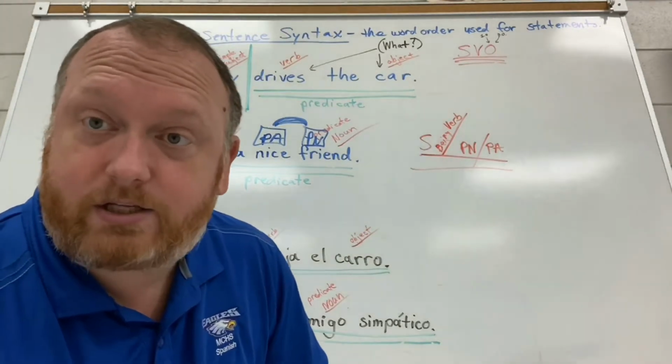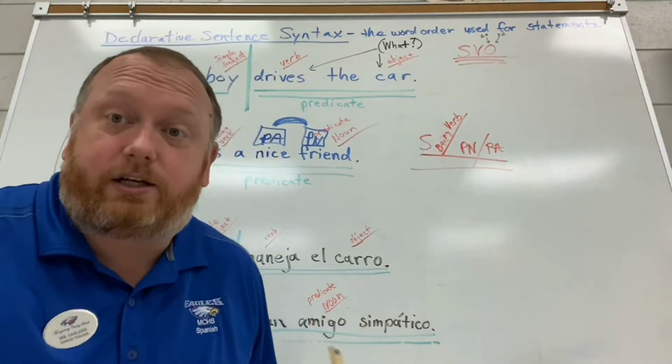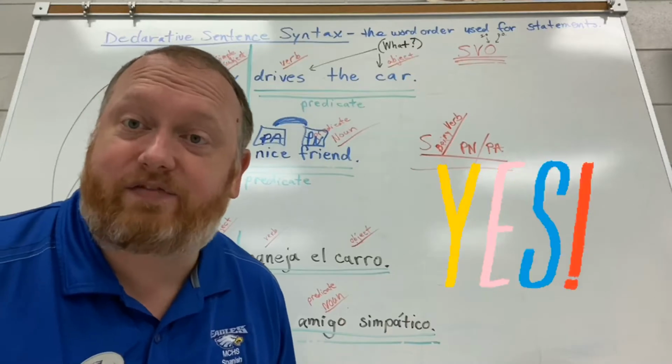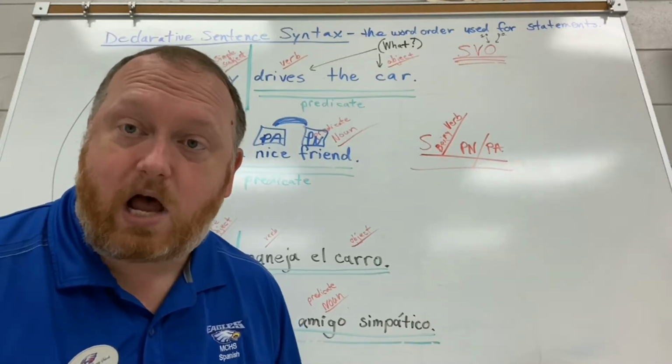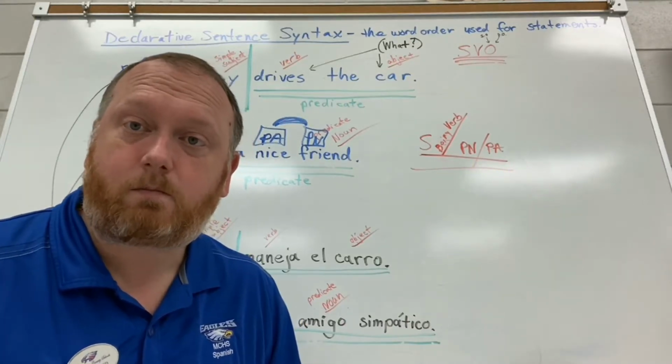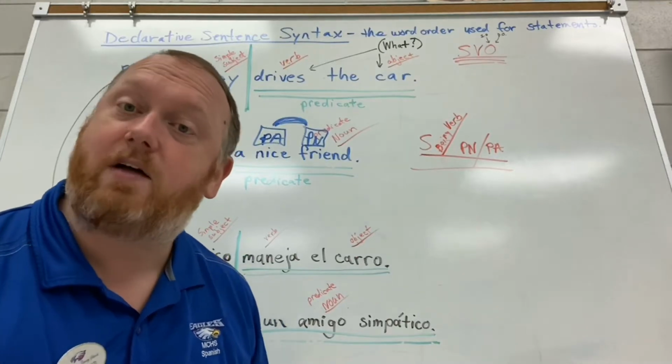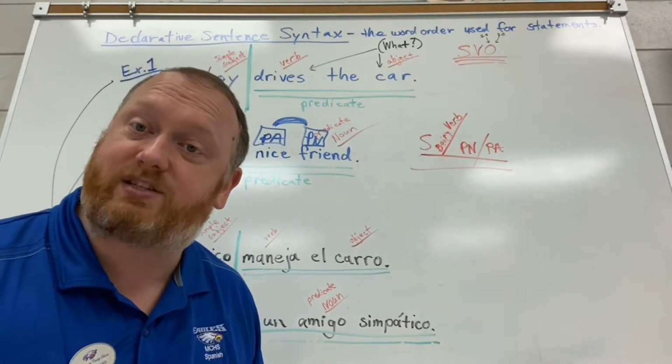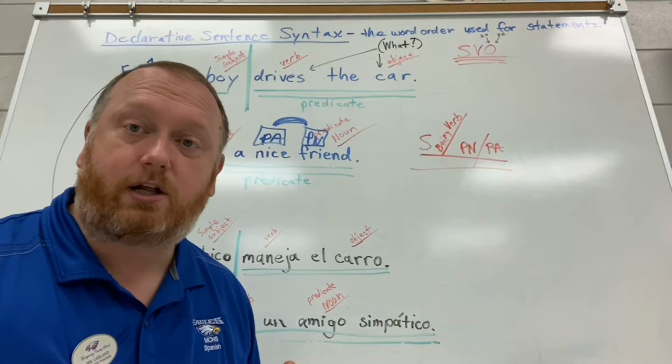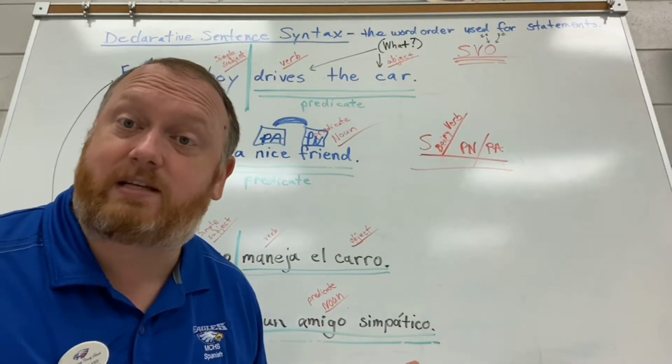Pretty much Spanish and English more or less follow that in a lot of sentences. So let's look at how that works. Let's look at a simple, normal, declarative sentence and the syntax it has.